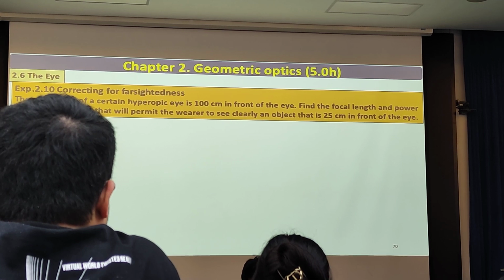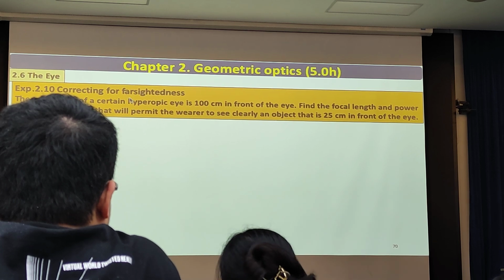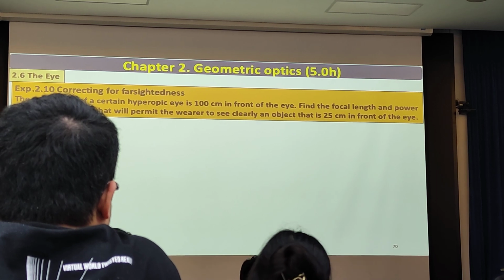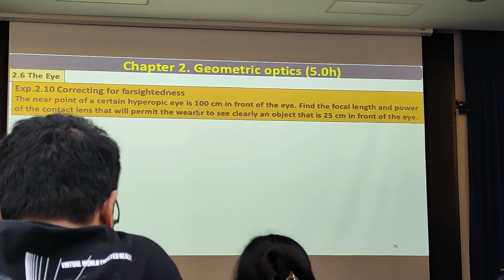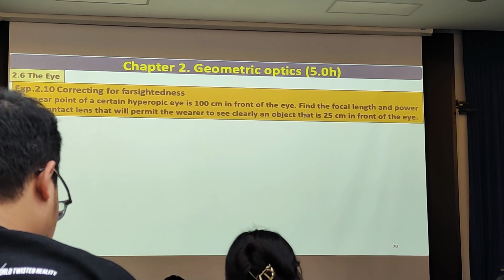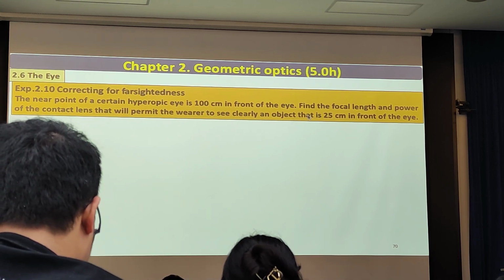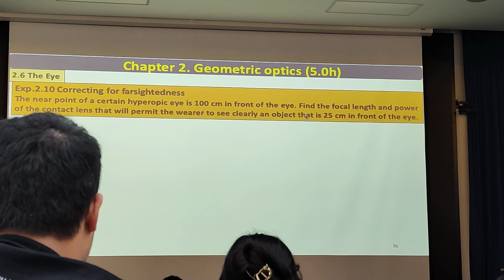I will discuss with you these two examples. Here is that we need to correct the far-sightedness. We have the near point of a certain hyperopic eye is 100 centimeters in front of the eye. So you know that for a normal eye it's just 25 centimeters.